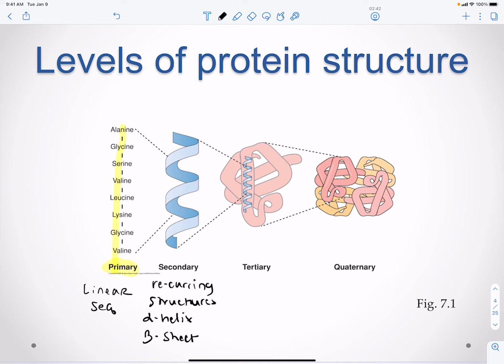And then our tertiary structures are going to fold these elements, these secondary alpha helixes and beta sheets, into 3D conformations. Typically these will have some sort of core, and the core in humans, because we're water, is usually hydrophobic.